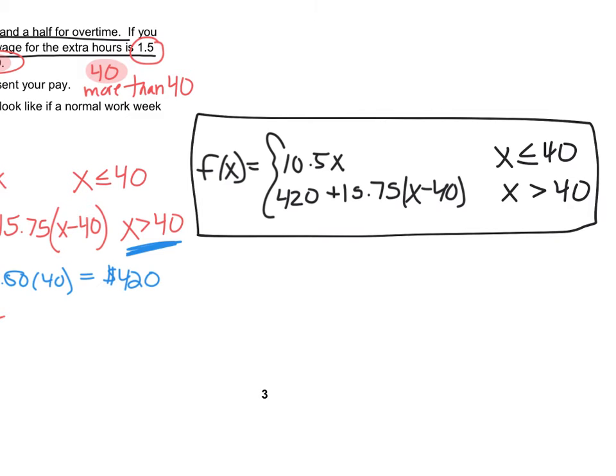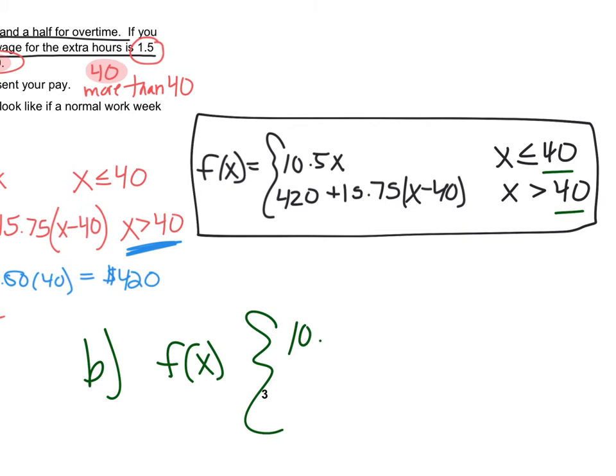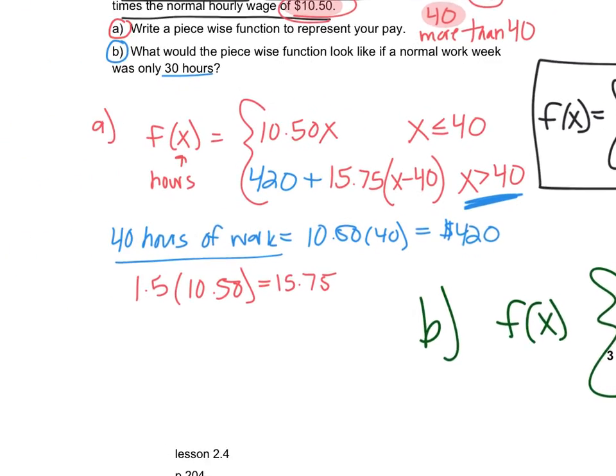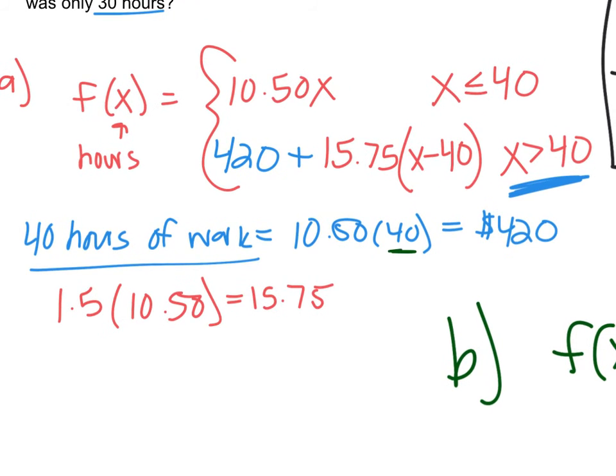And then letter B is asking us, what happens if instead of 40, this is 30? So instead of 40, it's 30. Well, we would still have the same idea. So for letter B, we would still have $10.50 an hour, but this would only be x is less than or equal to 30. And if we look at how we got these other values to get the $420, we figured out how much we would make working 40 hours.